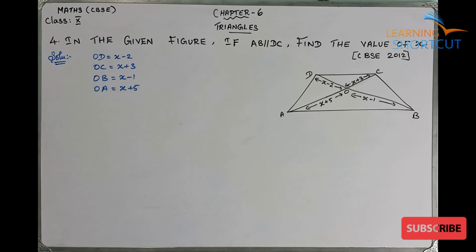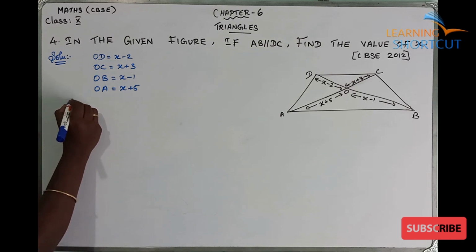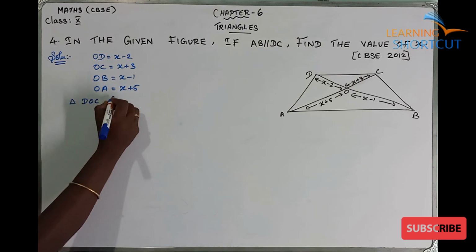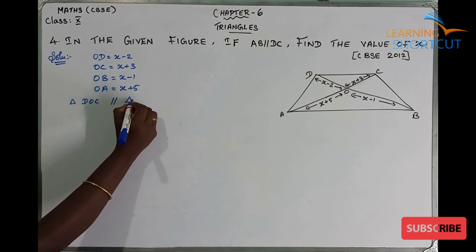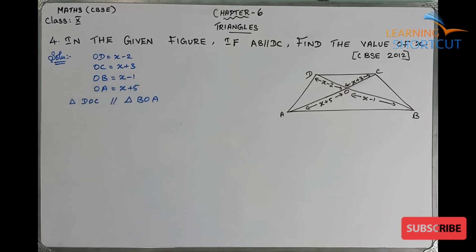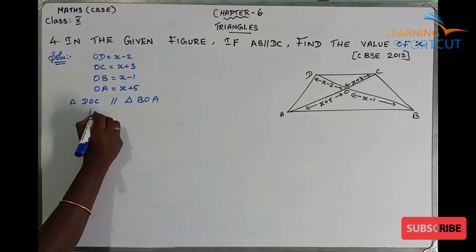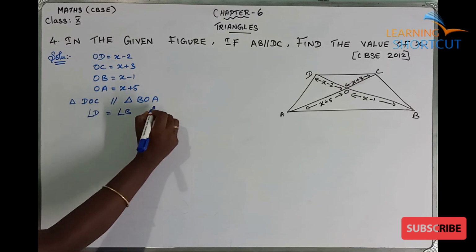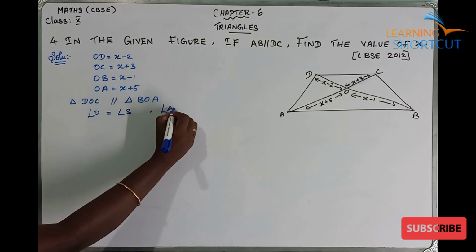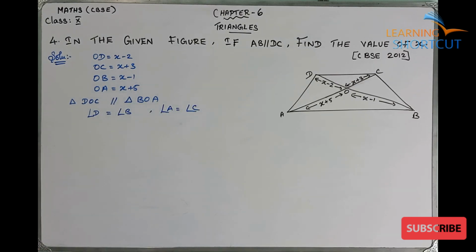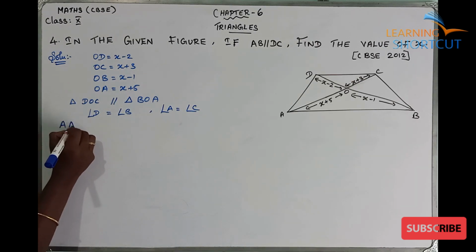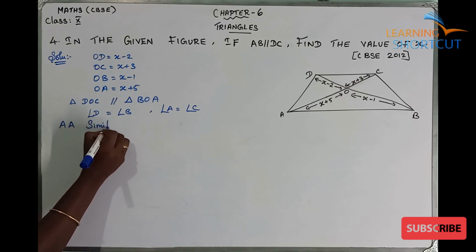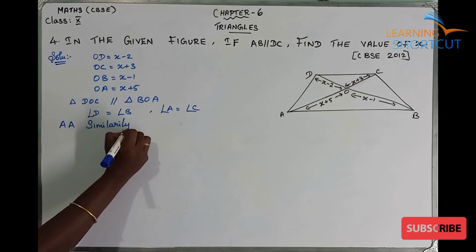Okay, so first we can write that triangle DOC is similar to triangle BOA, right? So these two are parallel, so they are having alternate angles. So the angle of D will be equal to angle of B and angle of A will be equal to angle of C. So when it is like this, we can apply the AA similarity theorem here.